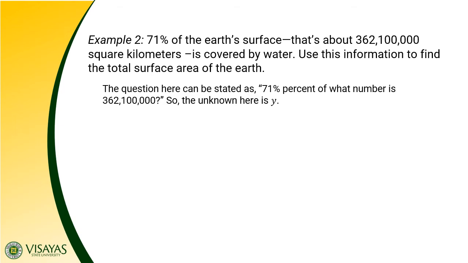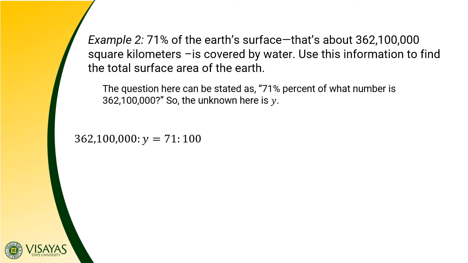Okay, at least it is simplified and easier to understand. What is the problem asking? It is the number of which 71% is 362,100,000. And we can solve it through proportion.